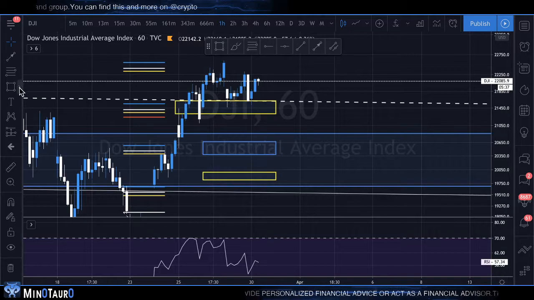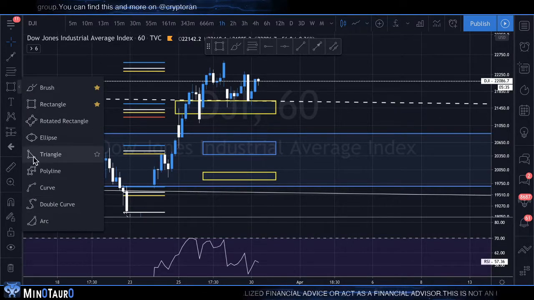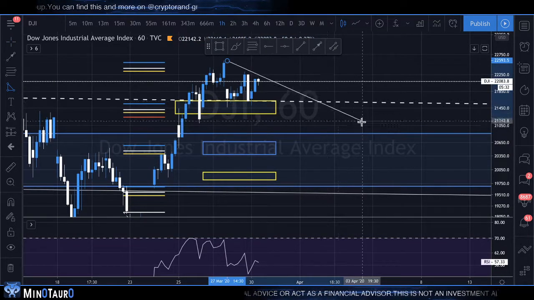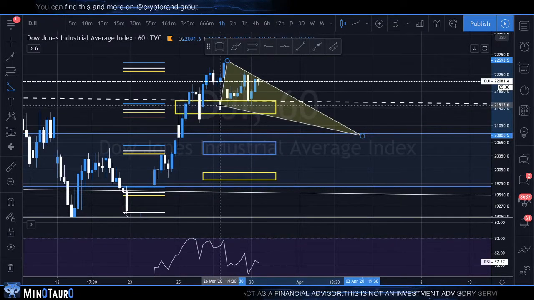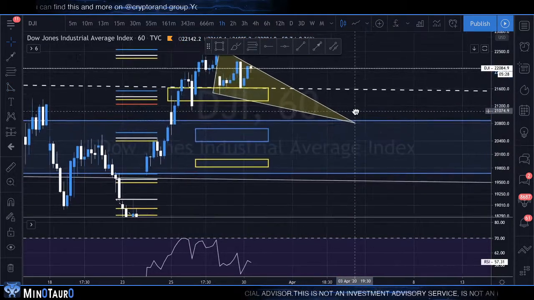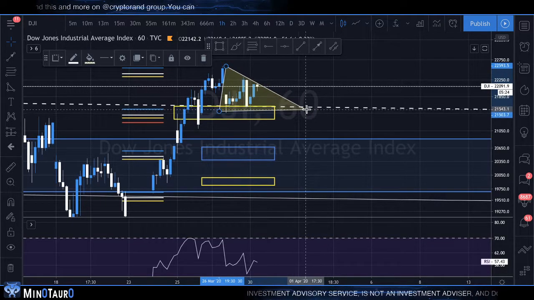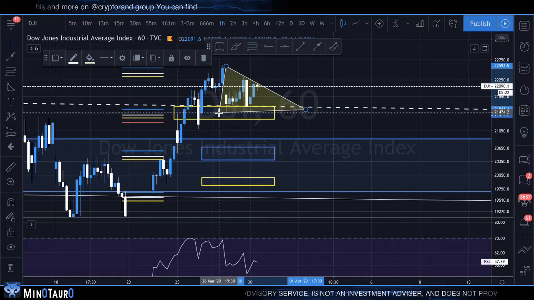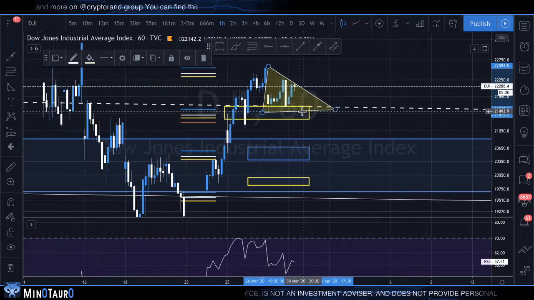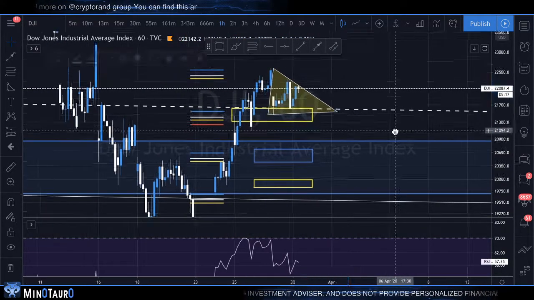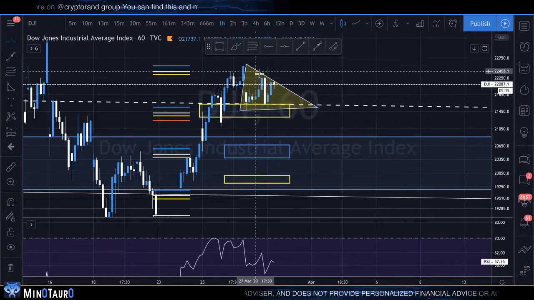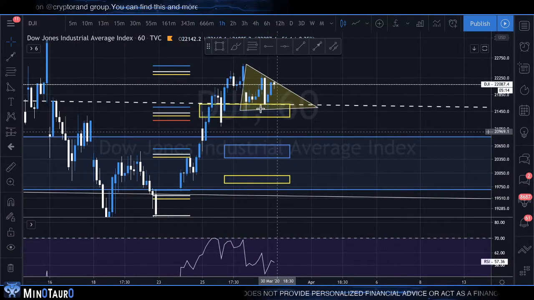Let me just see how people will see this. This is a small time frame, so people are not really watching it. So it's gonna be something like this, for the moment. So we have this resistance that is the same that we have on Bitcoin right now.